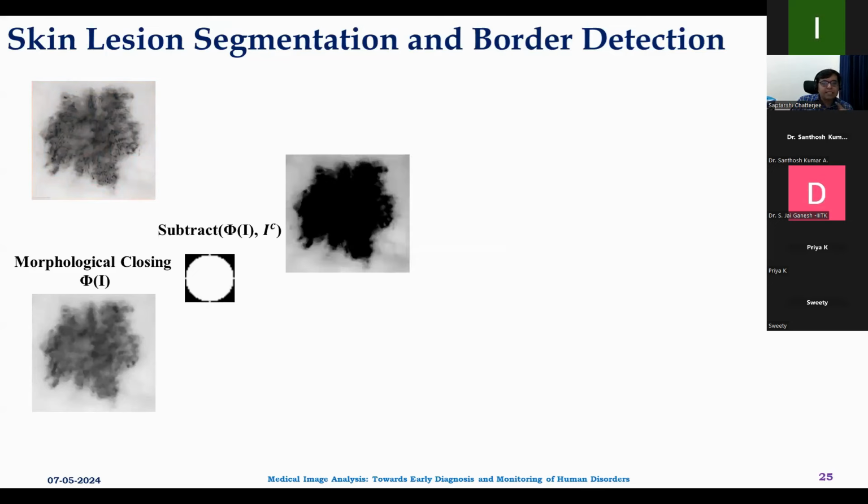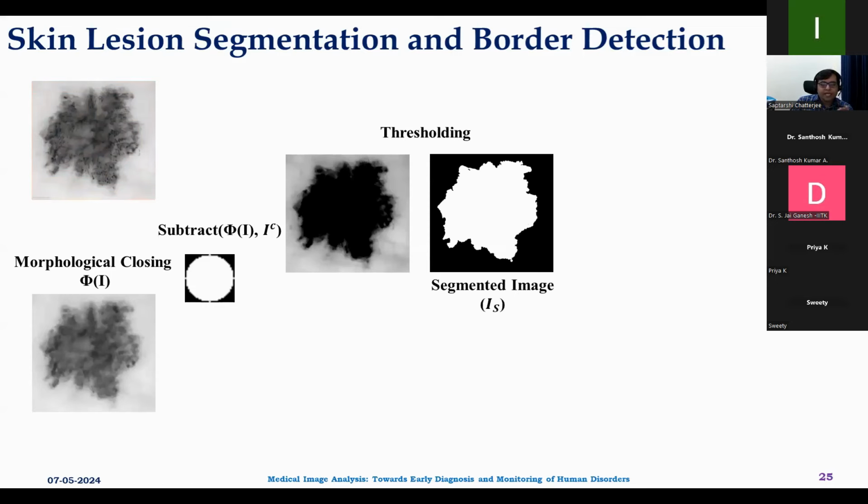We can see there is a distinct difference between the intensity of the region of interest and its background. So a simple thresholding method can give a very appropriate segmented image. This filtration helped us distinguish the region of interest from the background, so the choice of a threshold value becomes very easy.